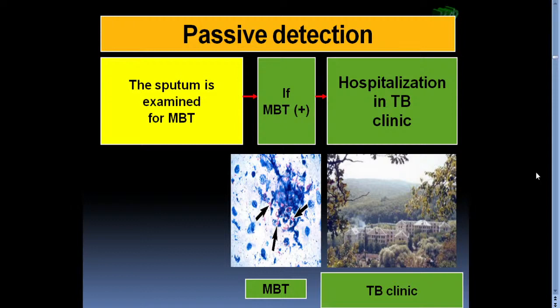And after examination of sputum for revealing Mycobacterium of tuberculosis, if Mycobacteriums are found, the patient must be isolated and hospitalized in a TB clinic. This is a very dangerous patient if we find Mycobacteriums in sputum in microscopy.